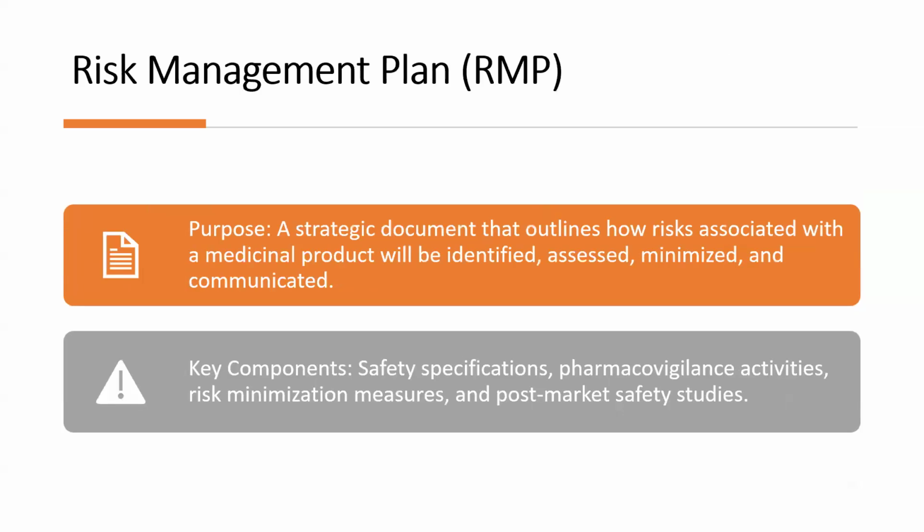So the next document is the RMP, that is the risk management plan. It is a strategic document that outlines how risks associated with a medicinal product will be defined, assessed, minimized, and communicated.